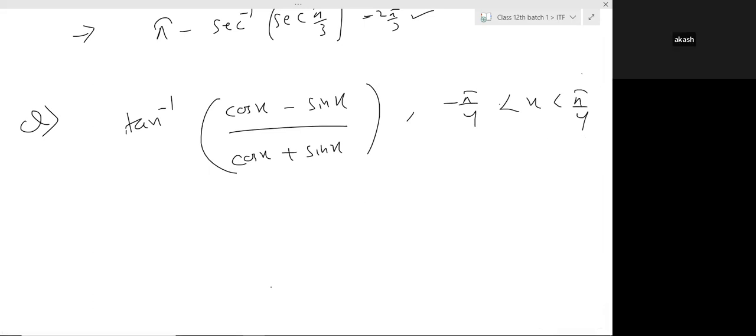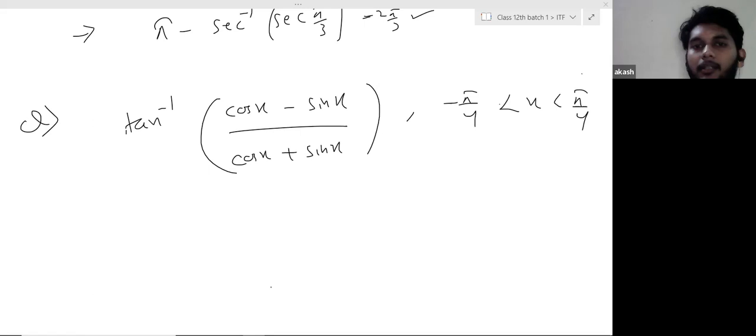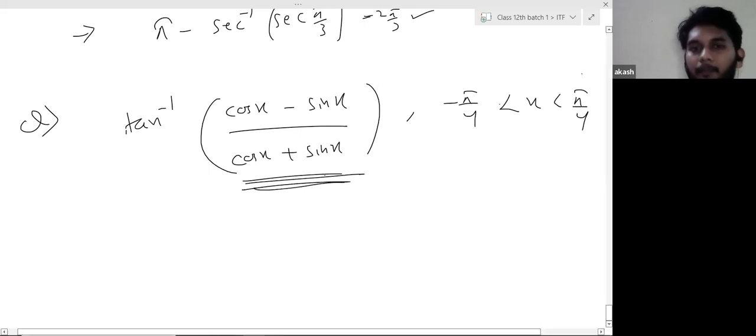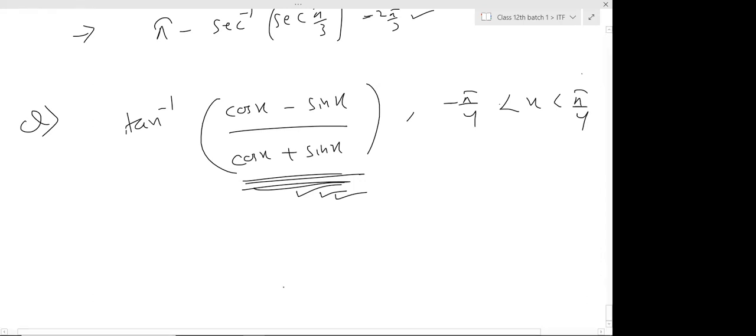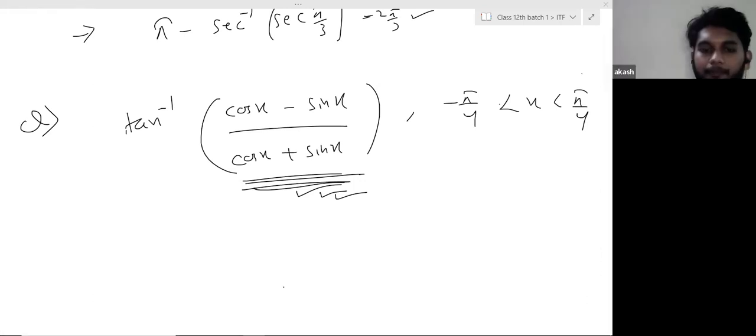Your focus should be to convert this quantity into tan of something, because tan inverse tan of something is that angle itself. So the whole goal should be to convert this into tan. Think about it for a few minutes and tell me if you have any ideas.